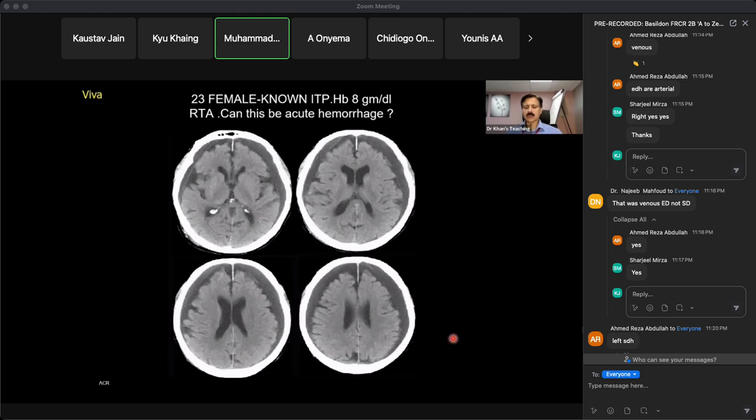From the ACR, American College of Radiology, teaching files, they have documented a case in which the hemoglobin was 8 grams per deciliter and acute hematomas were low density. So physics tells you this can happen.